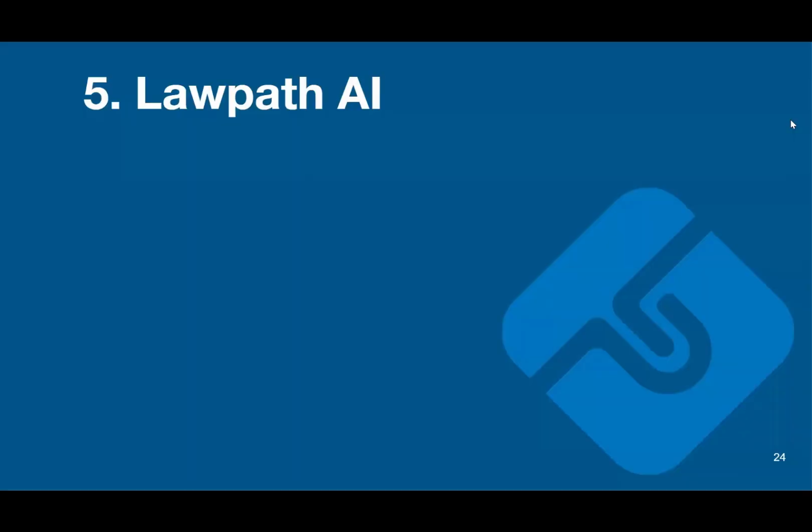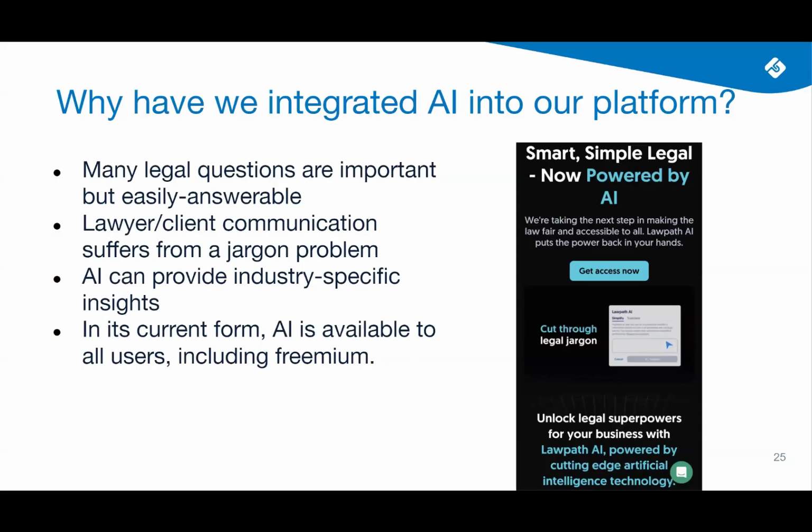I want to talk briefly about Lawpath AI, which is no longer a new feature, but it's still one that is changing. So why is it that we have integrated Lawpath AI? Besides the obvious hype that's been put around this new technology, it's because there are many legal questions that are important but easily answerable.